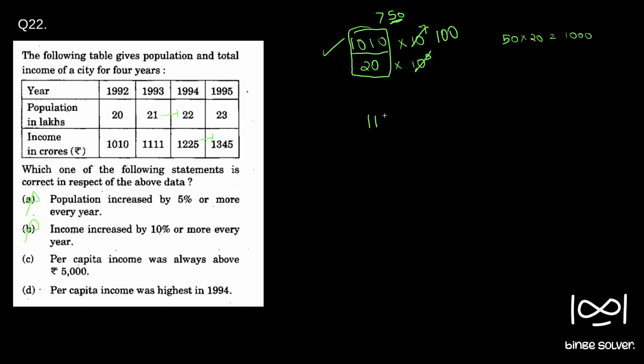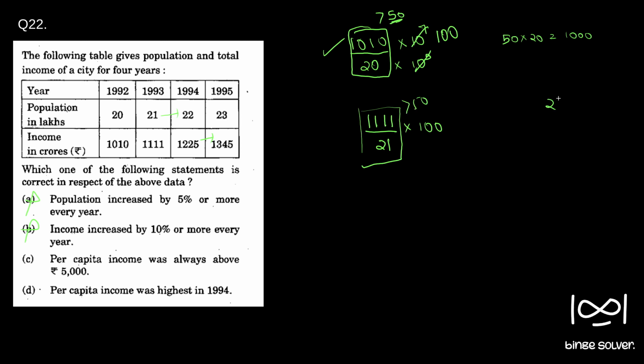So 1111 by 21 into, so here 10 raised to 7 by 10 raised to 5, which is 100. Crores is 10 raised to 7 and lakh is 10 raised to 5, so it cuts and gives us 100 remaining. Here also we will check whether this part is greater than 50.